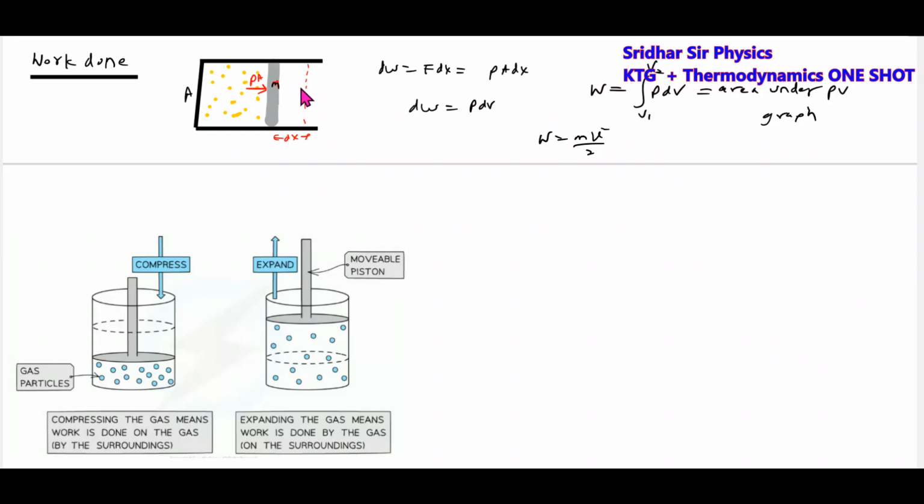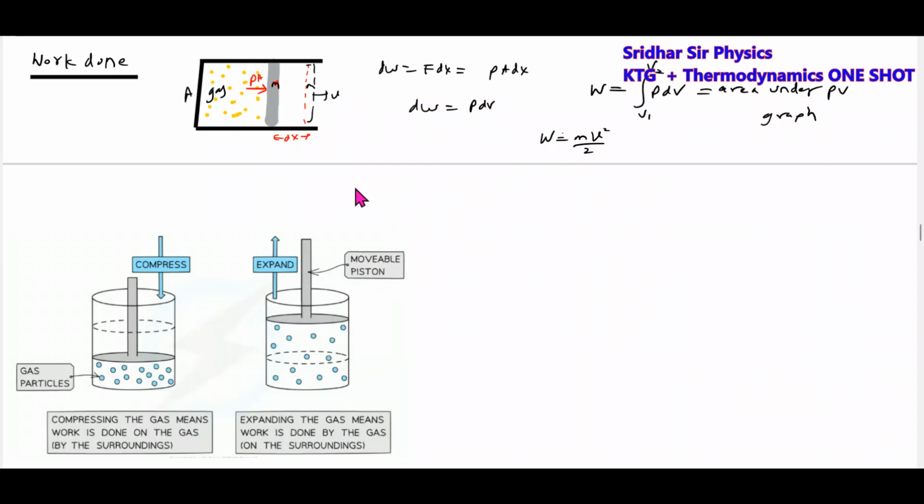Due to acceleration, the piston, when it comes here, will have velocity v. Like this will be the work done by the gas. Like this, we'll discuss the problems.